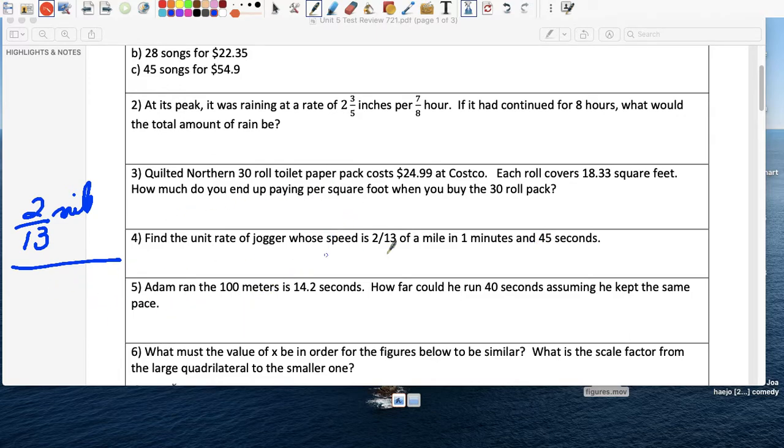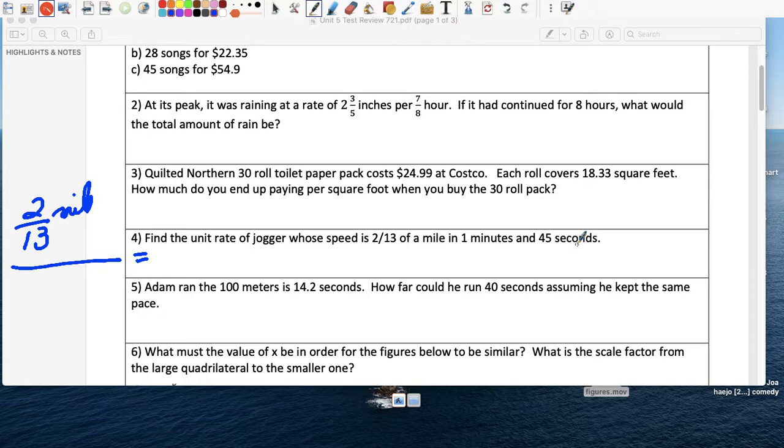So a minute is 60 seconds, right? And 45 seconds, so that would be 105 seconds. But let's not go to seconds, because that's too small of a unit.